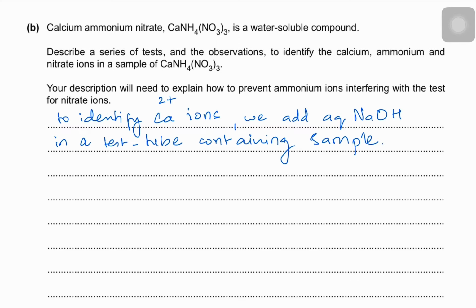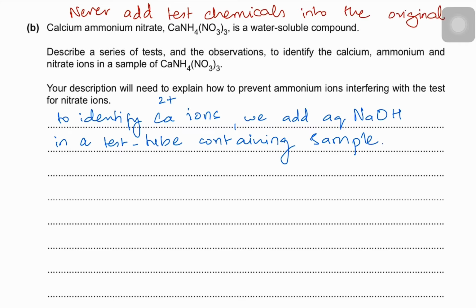Never add test chemicals into the original bottle, because if you do that, all of your chemical is used up, and how are you going to do other tests? So never add your testing chemicals into the original bottle. Always use test tubes.